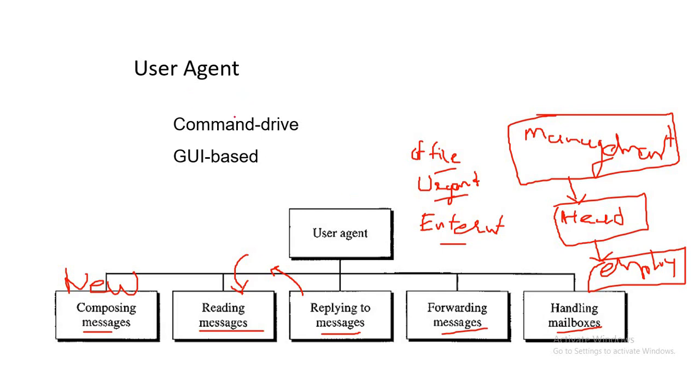So whatever task the user agent is performing, that is command driven or GUI based. Command driven means whatever you are performing by writing commands in the command prompt. Whenever you type any commands into the command box, like we have already discussed how to write a command, here I have given you one command to search the connections.